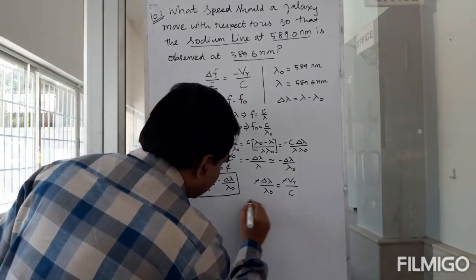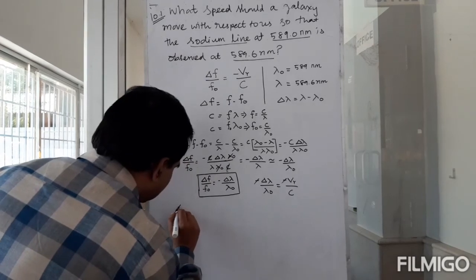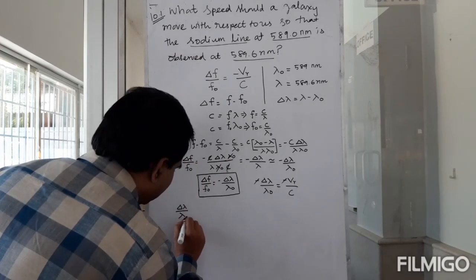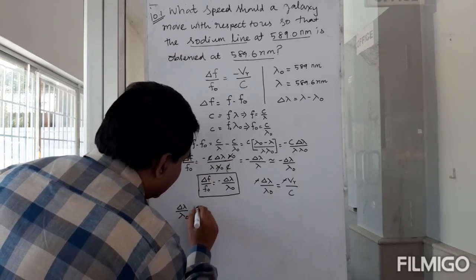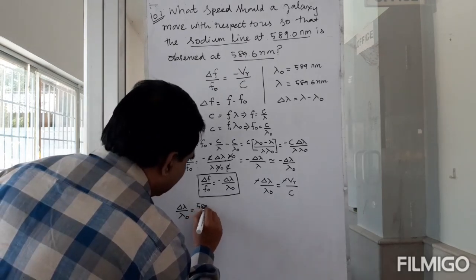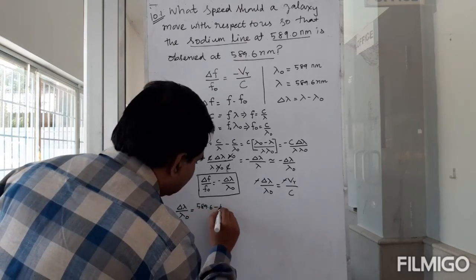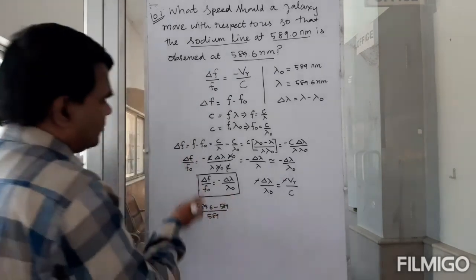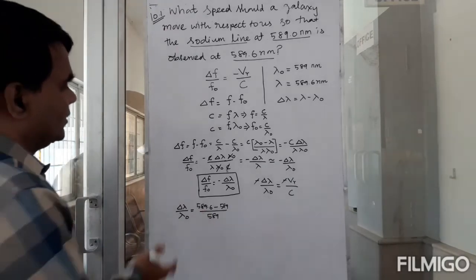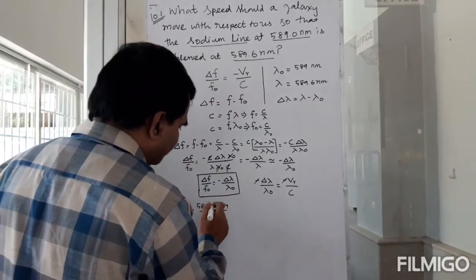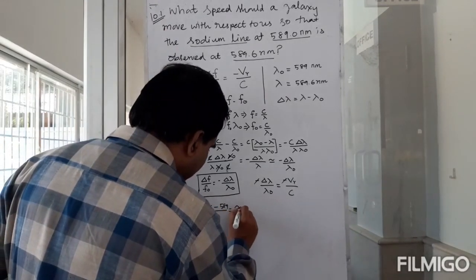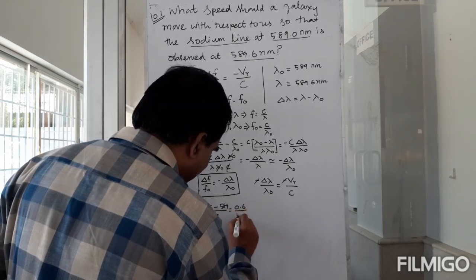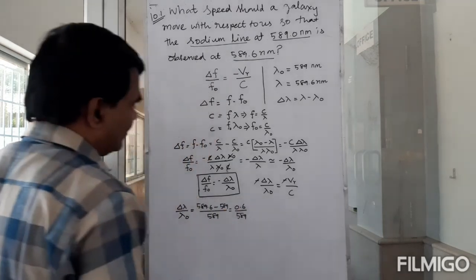So delta lambda by lambda naught is equal to 0.6 by 589. 589.6 doesn't matter. So this is what you do.